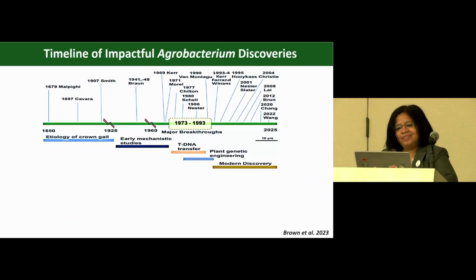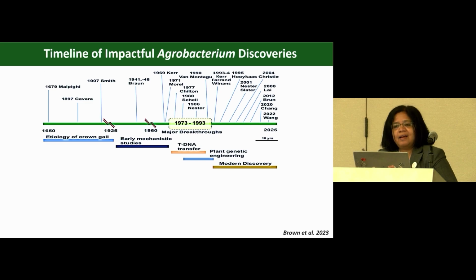This is what is very fascinating to me. When I started working with Stan, I thought it was like 1900 or something when people started learning about crown gall disease and Agrobacterium, but it goes back to 1650, when somebody reported in the literature the observation of disease symptoms in a plant.